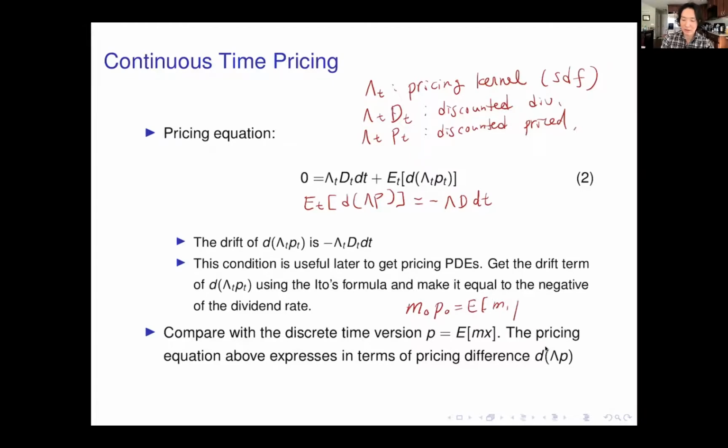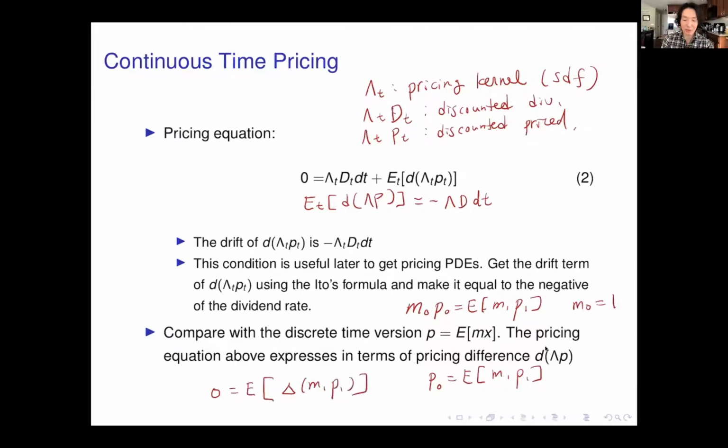And we will set the current level of the discount factor as 1. Then what it's basically saying is that the current price is simply the expected value of the future price, right? And then if you rearrange the terms, then you can get the following: 0 equals the expected value of the change in M1 times P1.